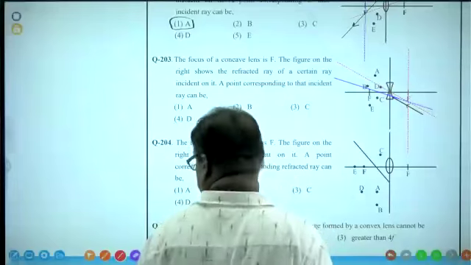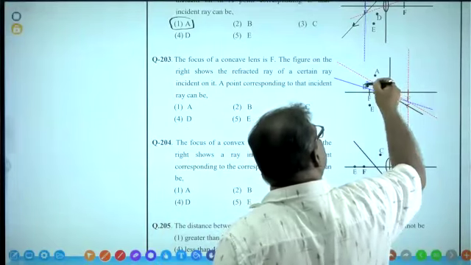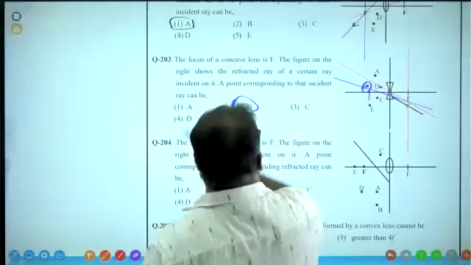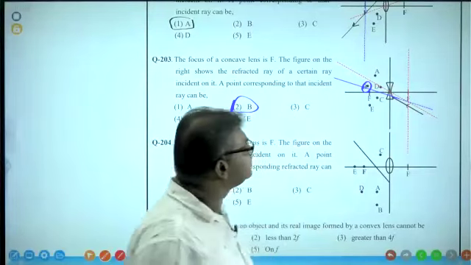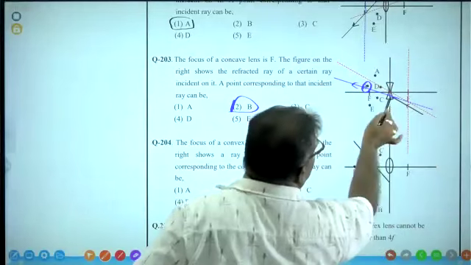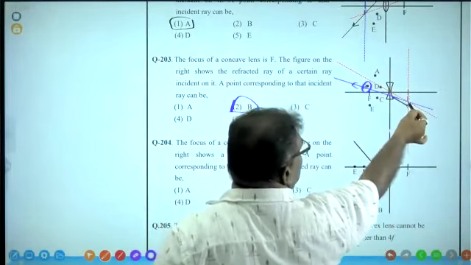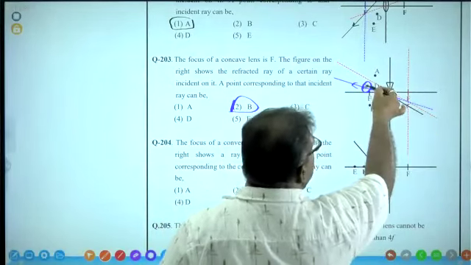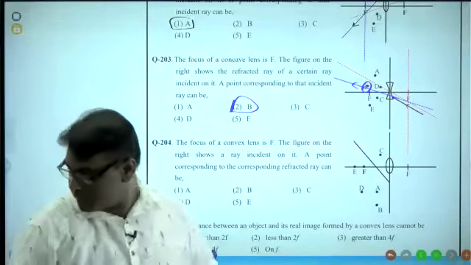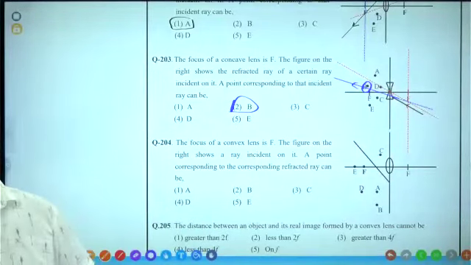Done. Then the closest one is B. Suitable answer is B. Light rays diverge like this, diverging from a point on the focal plane. Therefore, the closest one is B, no? Yes. Final answer, it's B.